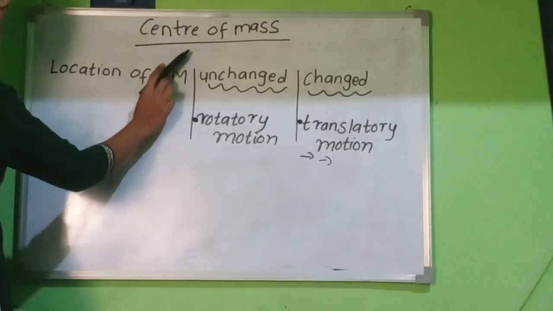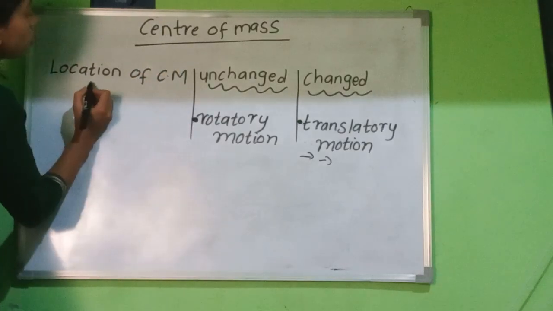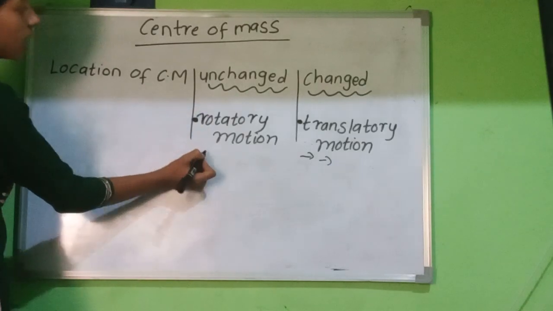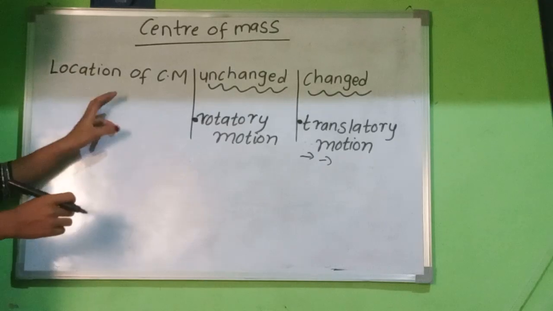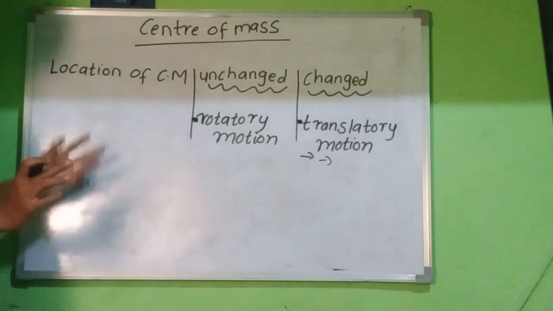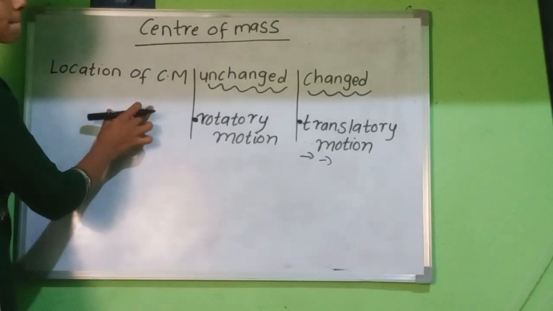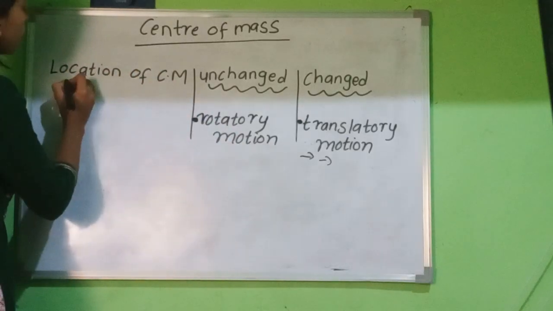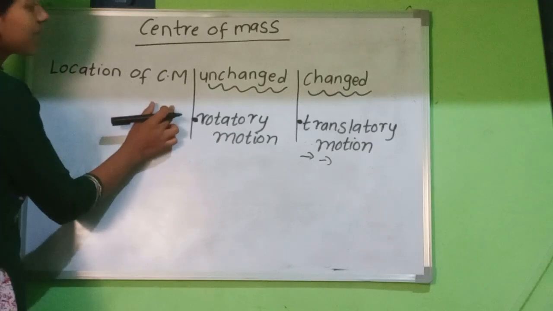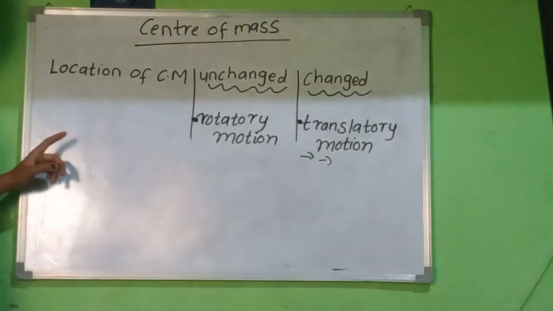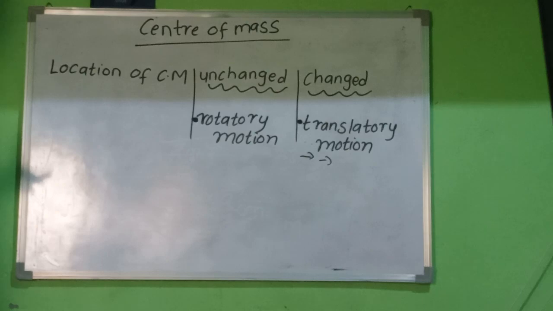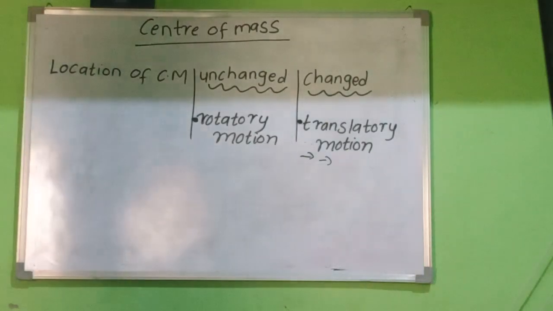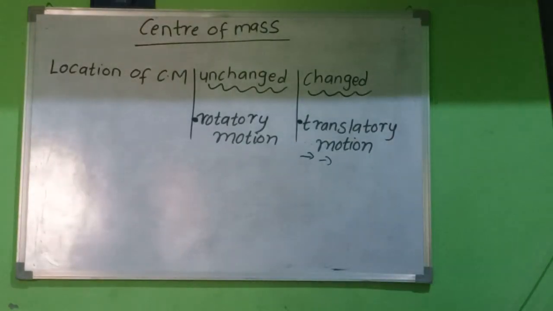But today we are discussing the center of mass: if the motion is rotatory, the location of the center of mass is unchanged. But if the motion is translatory, the location of the center of mass is changed.